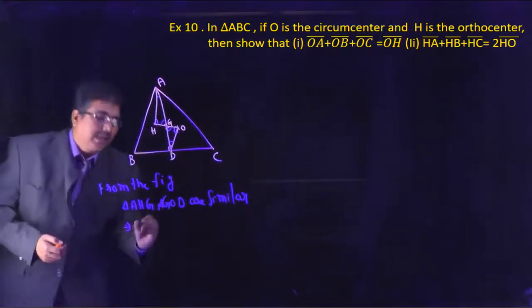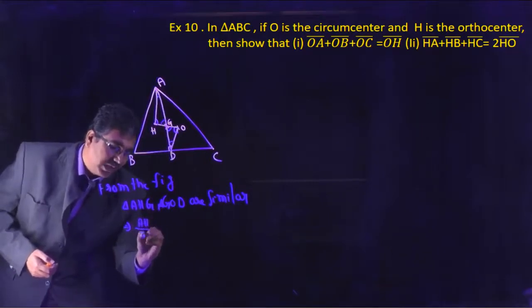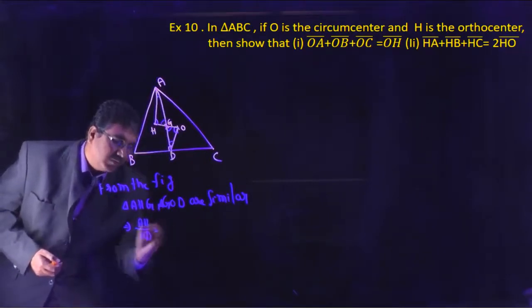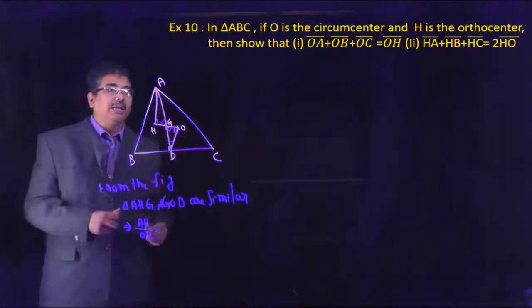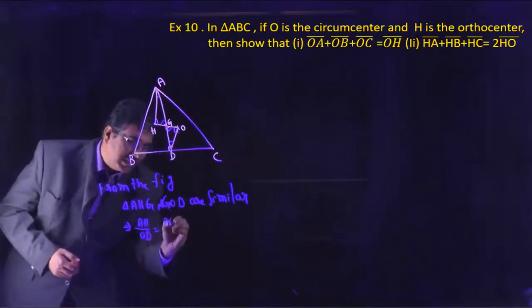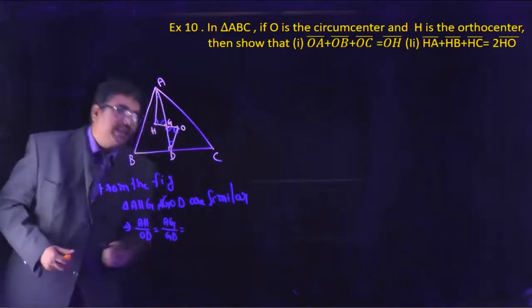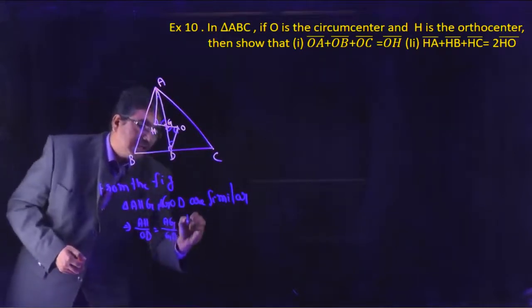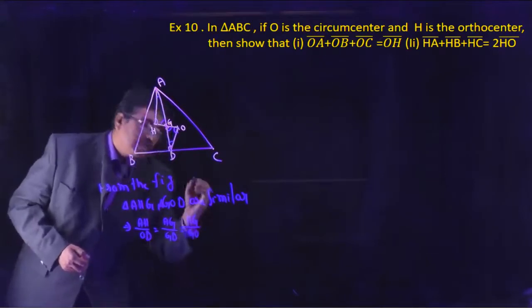AH, the corresponding side is OD. AH divided by OD is equal to AG divided by GD, that is equal to HG divided by GO, right?